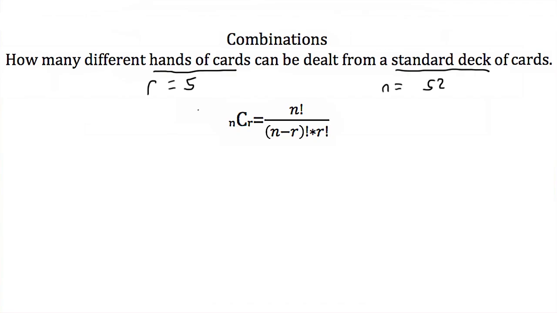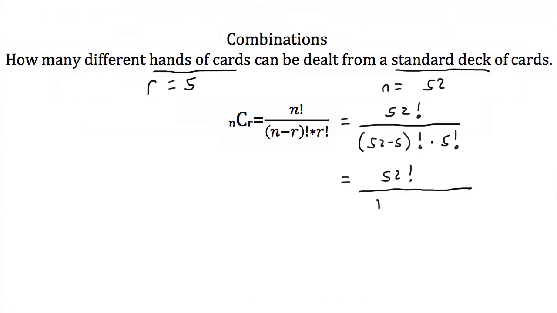So we're going to plug in 52 for N and 5 for R into this equation. This is equal to 52 factorial over N minus R, so 52 minus 5 factorial multiplied by 5 factorial. If we simplify this subtraction, this is the same as 52 factorial over 47 factorial times 5 factorial.